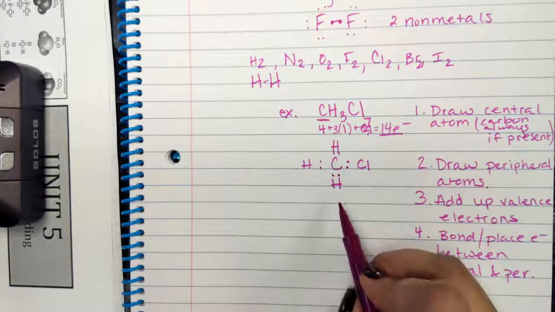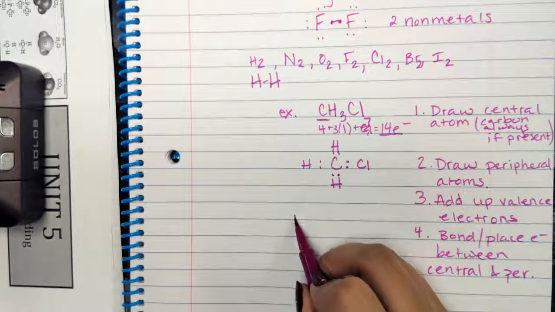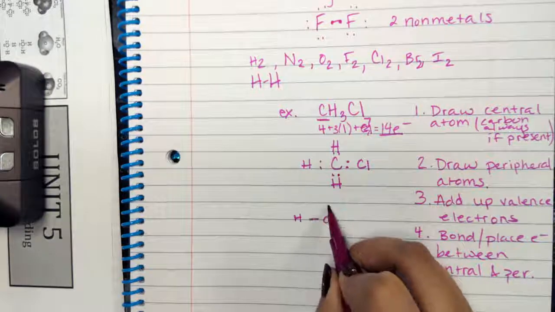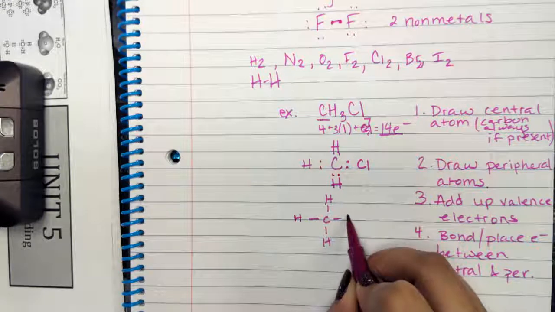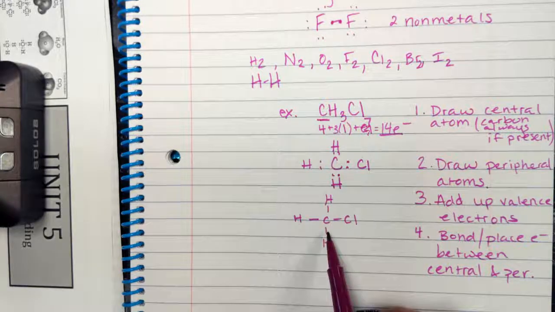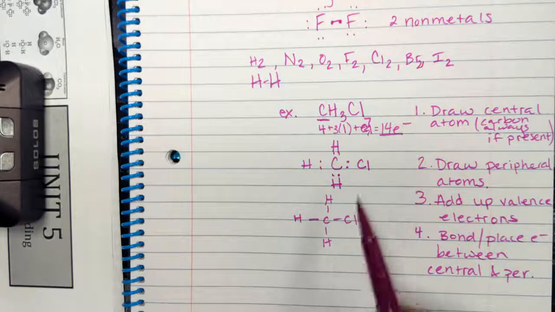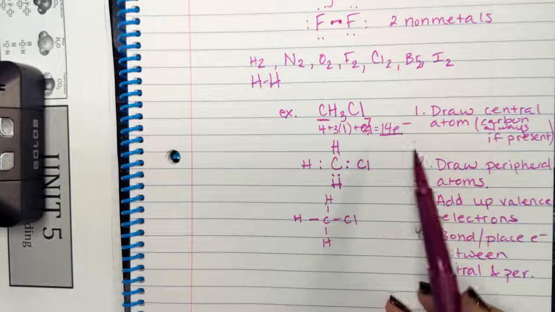Remember that two dots, two electrons, also can be represented by a line. So this also can be written like this. I still have 2, 4, 6, 8, 2, 4, 6, 8. So I have a total of 8 placed, and I need 14. That means there's 6 more that need to be placed.